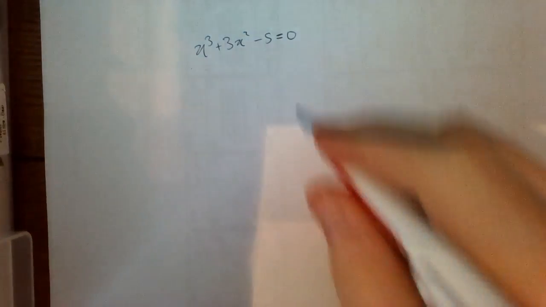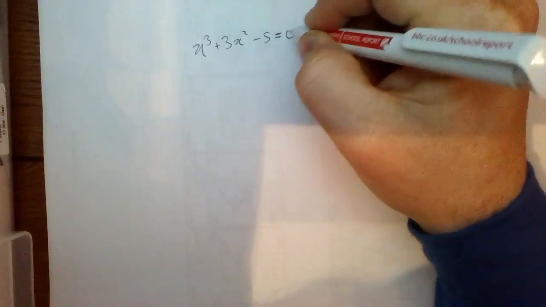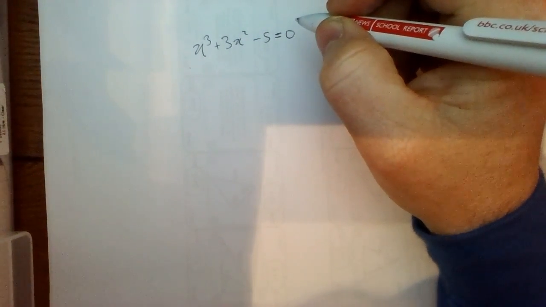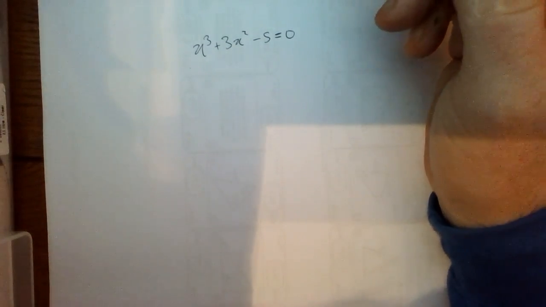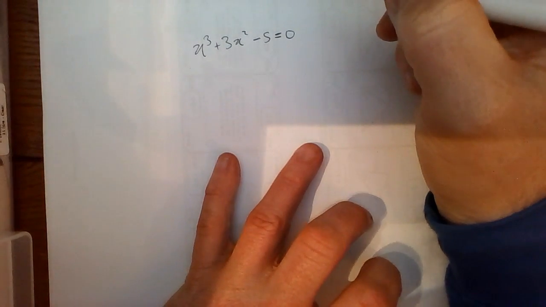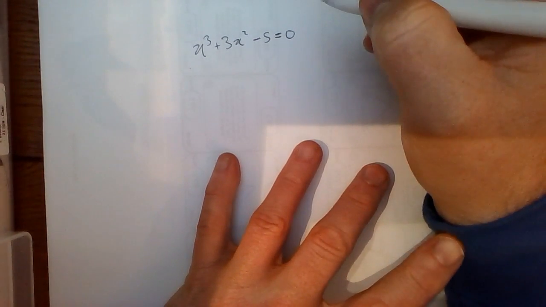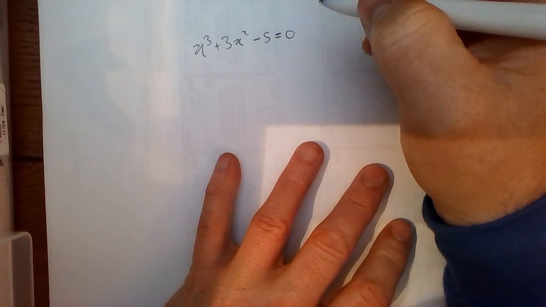Okay, I'm going to explain how to find the approximate solutions to this equation. Step one is to use a bit of trial and error, but your goal here is simply to find two numbers that this has a solution in between.